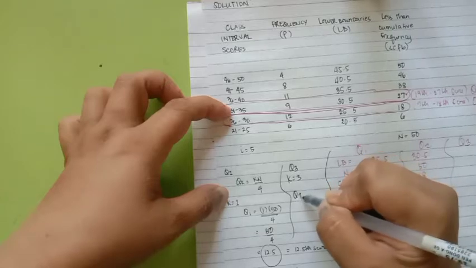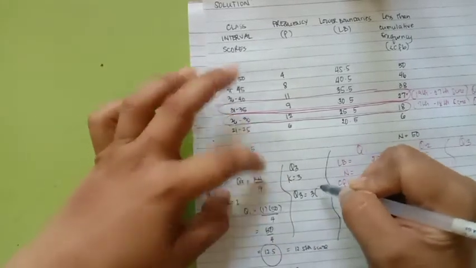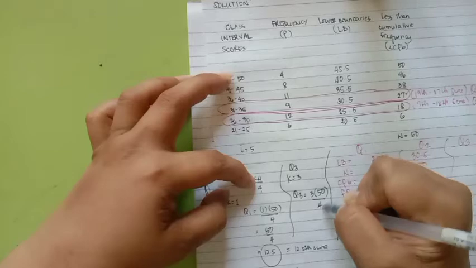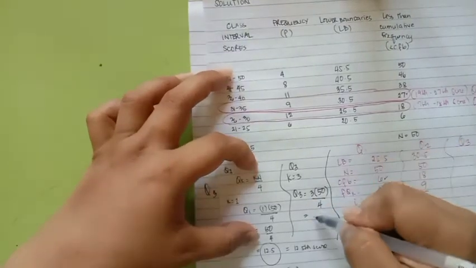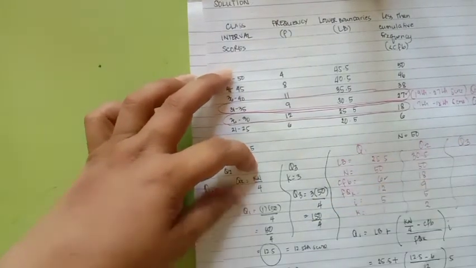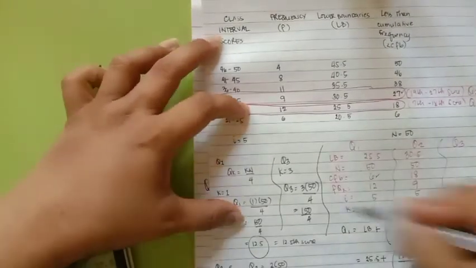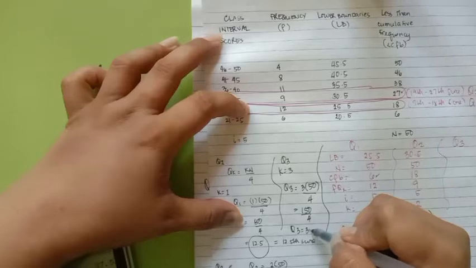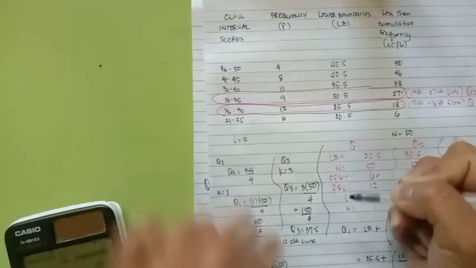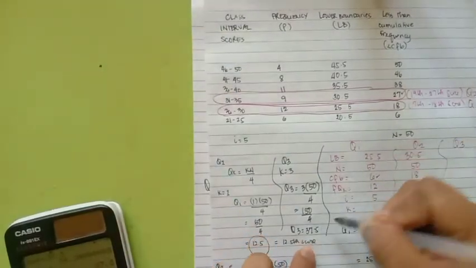So, this is quartile 3. Ang K natin ay 3. Ang N natin ay 50 over 4. 3 times 50 is 150 over 4. 150 divided by 4 is 37.5. So, this is the 37.5 score.